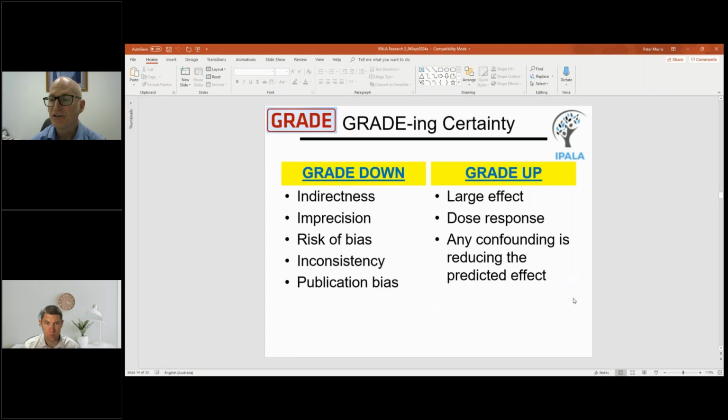And the final reason why you might want to increase the level of certainty for an observational study would be if the confounding you're worried about actually could only be making the effect size smaller than it really is. So if you were able to control for all the confounding, the effects would be even bigger than have been described in the studies.